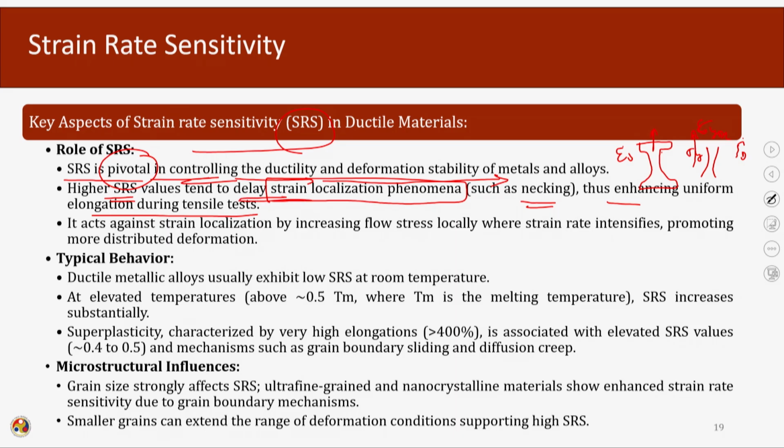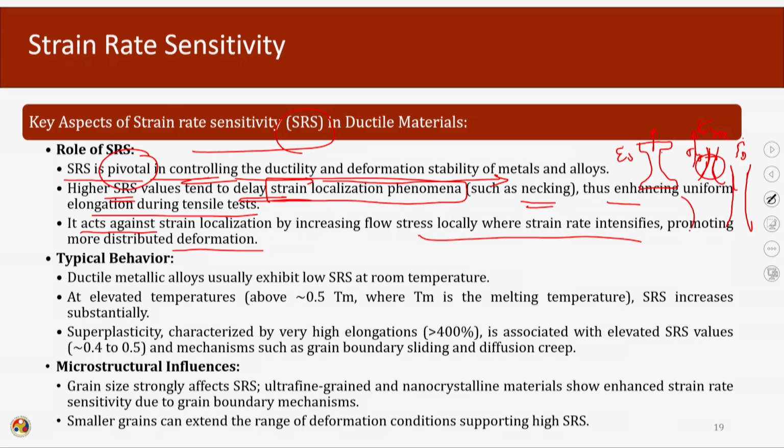The SRS value also acts against strain localization by increasing flow stress locally, where strain rate intensifies, promoting more distributed deformation. It means that the localization of the strain at a particular point is also delayed, so the material will deform more uniformly and the distribution of the load will be more uniform.